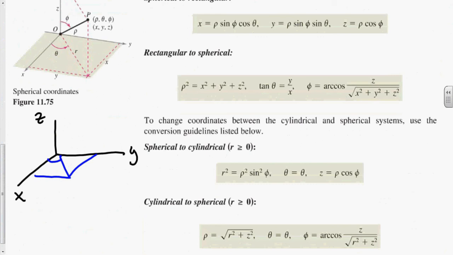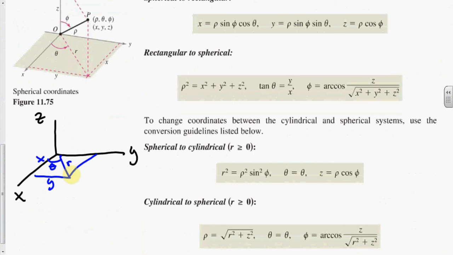So if I have some angle here, we call that theta. This is x. This is y. This is r.